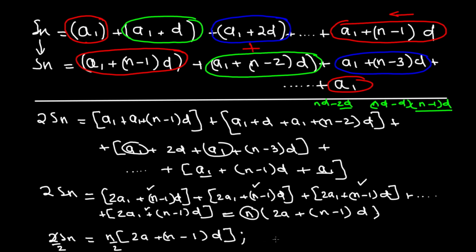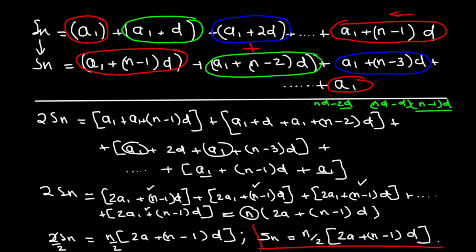I like to have everything on the same page. So now this simplifies to Sn is equal to n over 2, then we put our bracket there. Then we have 2a plus n minus 1 d. All right, so now we can say that we've managed to derive this formula.